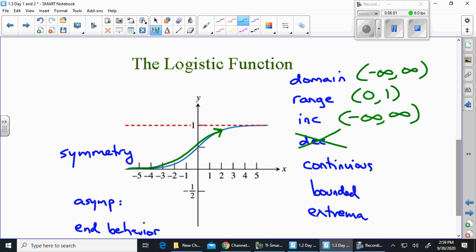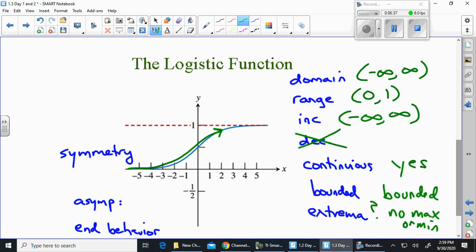Is it continuous? Does it have any breaks? No, so it is continuous. Bounded. This is an example of a graph that is bounded below and above. Otherwise, you would say bounded above, bounded below, or not bounded. Does it have extrema? No maxes or mins. It never has a high point, a peak, or a valley.